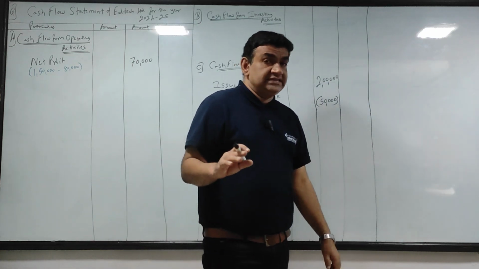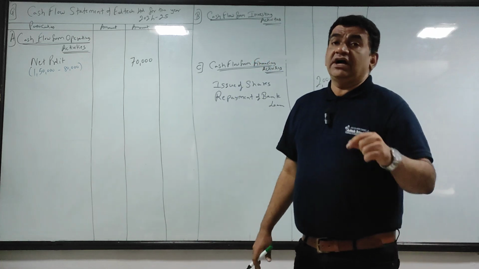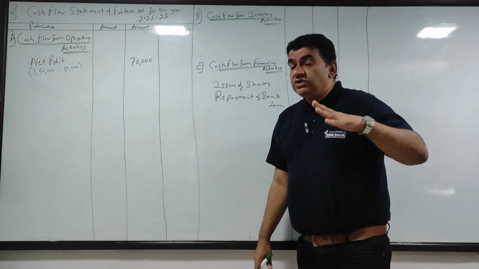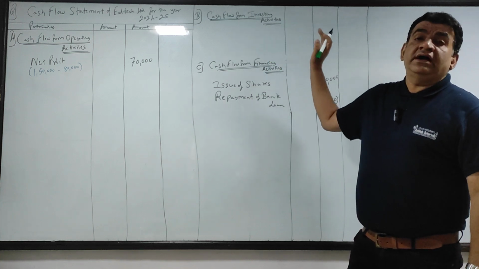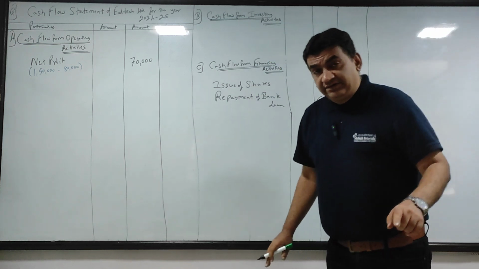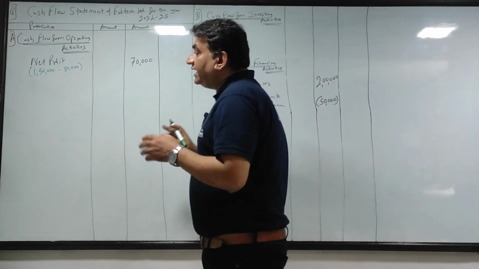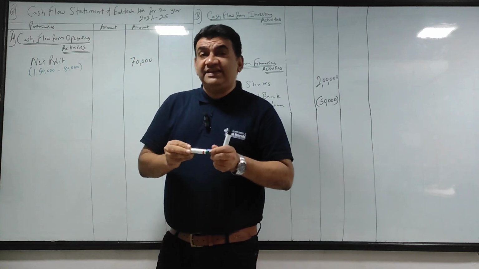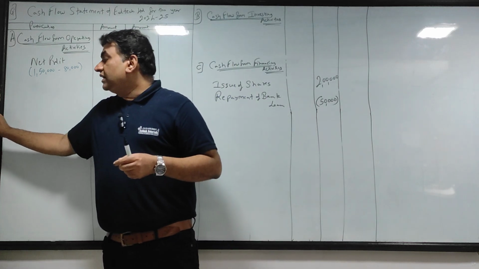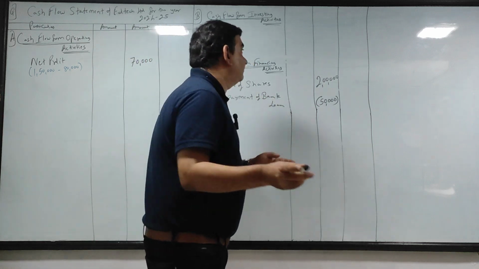So 150 increase. That means there is a purchase. And when you buy land and building, it's an asset. And that will be part of investing activities. I told you in the starting, when you buy or sell any investments or any fixed assets, it will be part of investing activities.